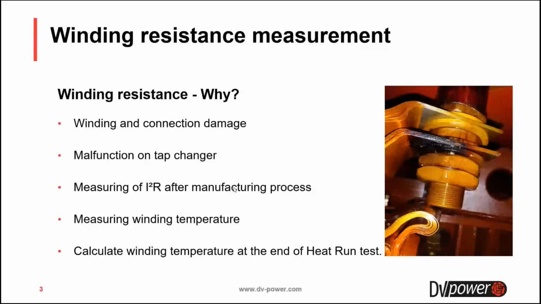We can measure losses after the manufacturing process. We can indirectly measure winding temperature, because when a transformer is energized, we can't measure inside temperature, but by measuring resistance we can find out the temperature of the winding.